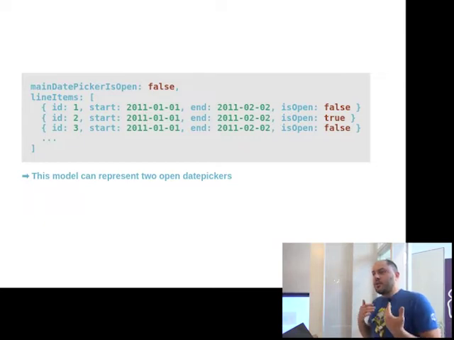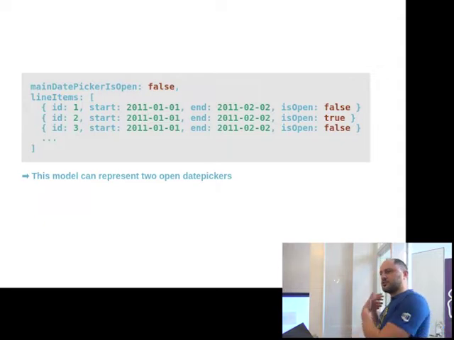In UI design, a well-accepted idea is that you want only one drop-down open at any given time. But with this model, if our Boolean values are all true, it means that all the drop-downs are going to be open. That's a state that we don't want.